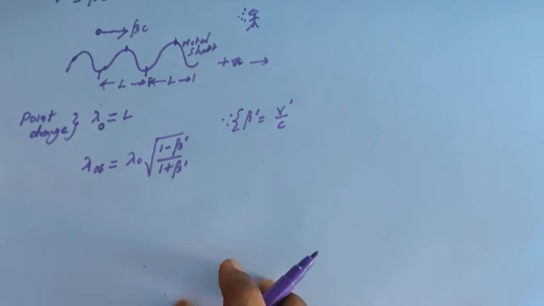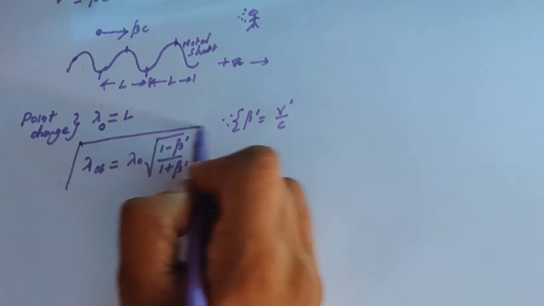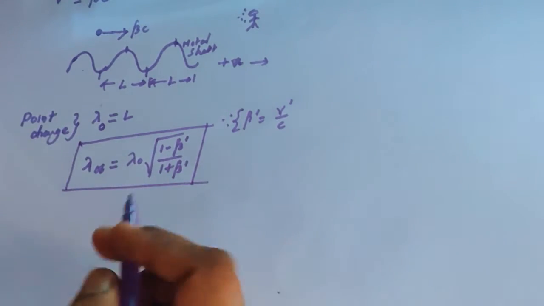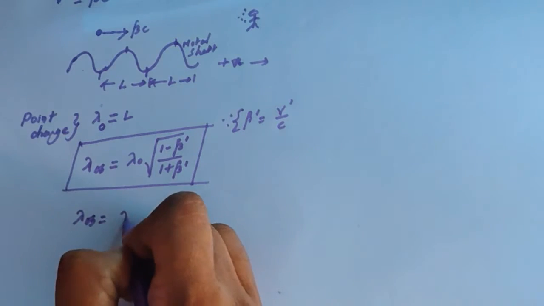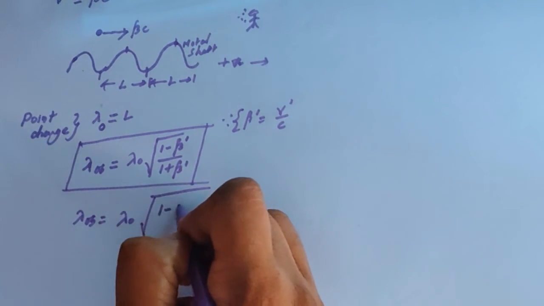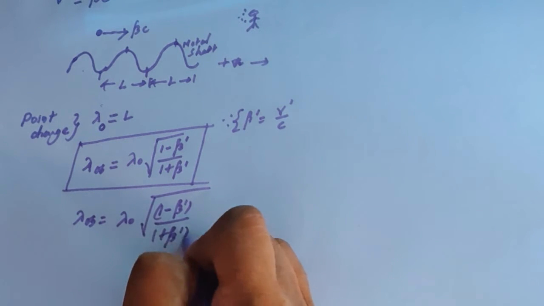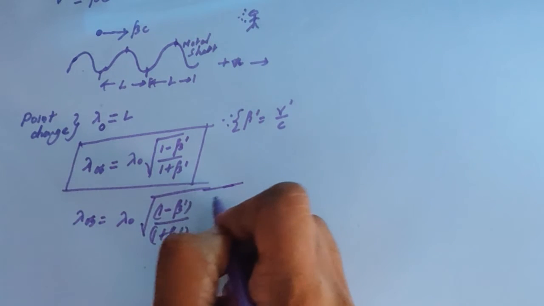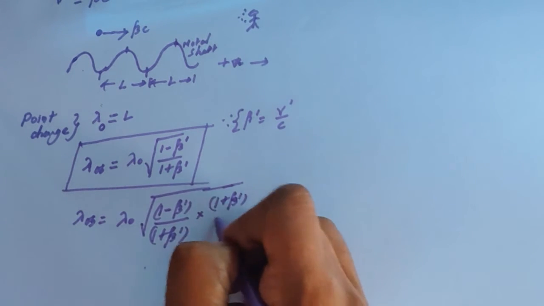So this is the observed wavelength according to the Doppler shift with respect to the original wavelength. Now the lambda observed would be equal to lambda naught times square root of 1 minus beta prime over 1 plus beta prime. We are going to multiply the numerator and denominator by 1 plus beta prime.